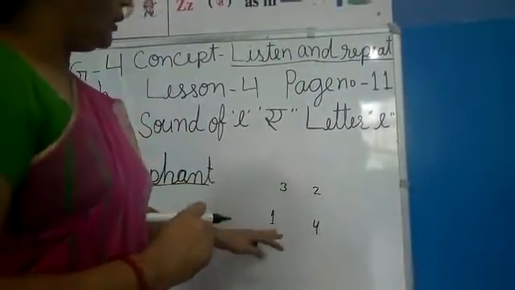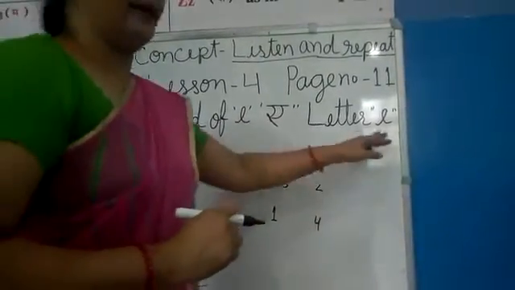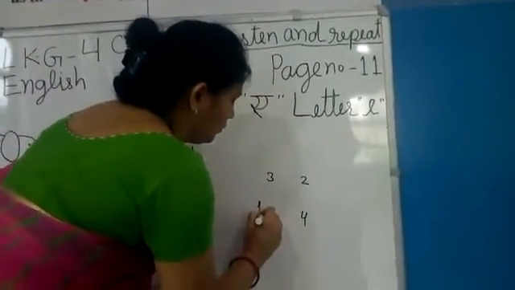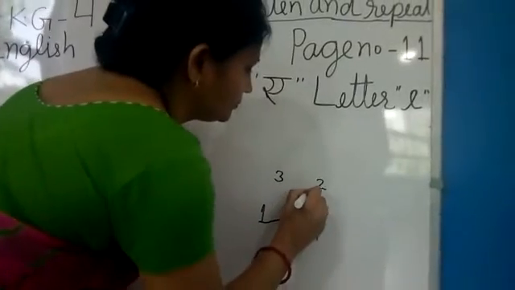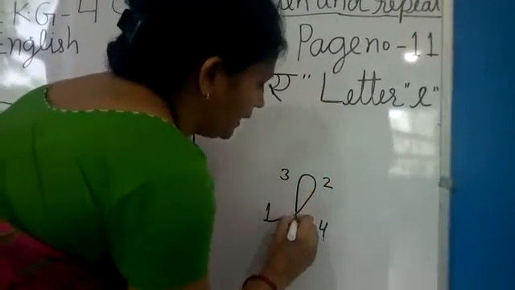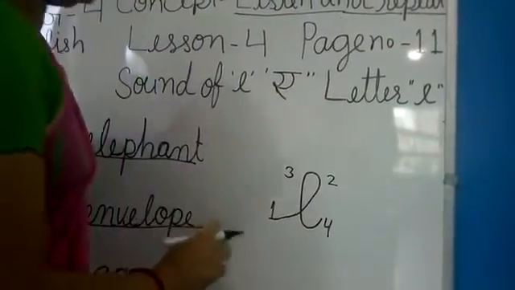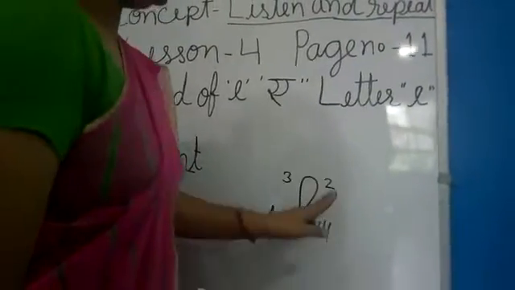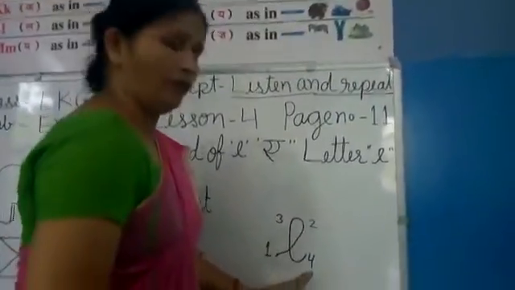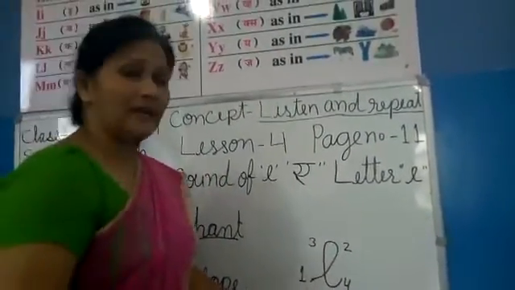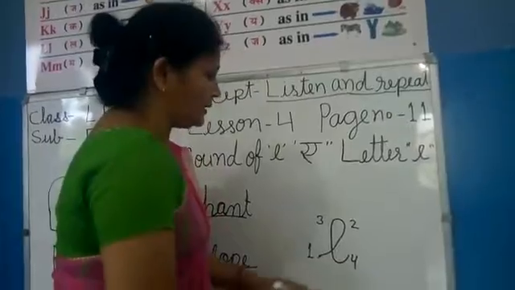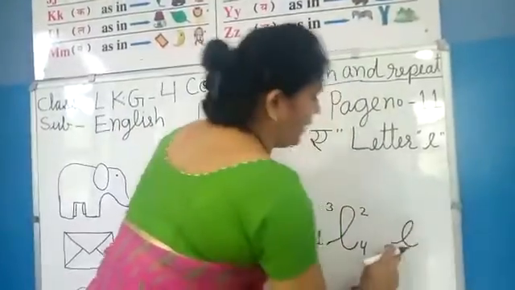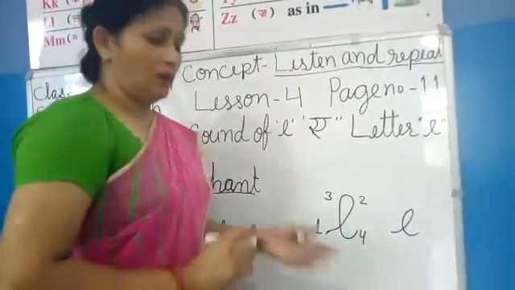So our practice letter E. Go 2, 3 and go 4. So this letter is E.